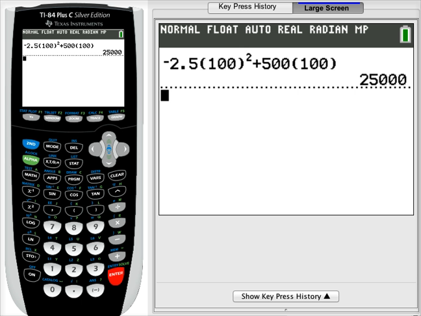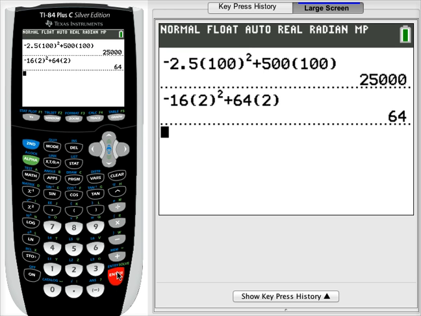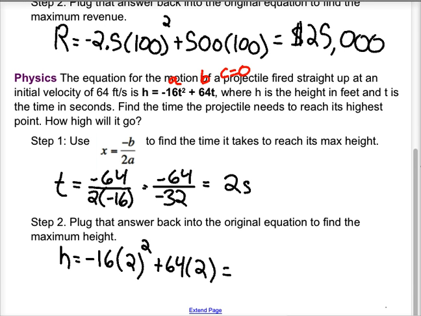So negative 16, and now I'm plugging in 2, so I need parentheses around it, squared plus 64 times 2, and again that 2 is in parentheses. Calculate that out, and I get that the maximum height it will reach is going to be 64 feet.